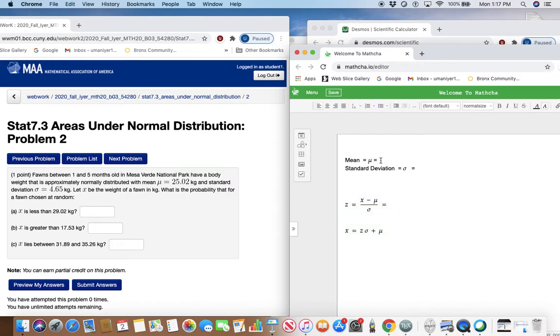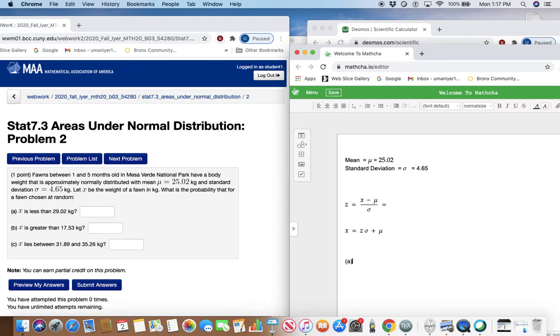Let x be the weight of a fawn in kilograms. What is the probability that for a fawn chosen at random, x is less than 29.02?